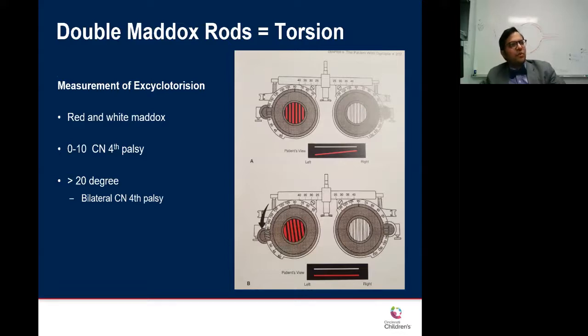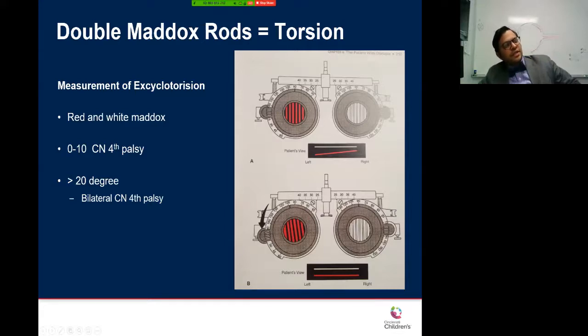What you're doing here is you're wearing these glasses, and in one you have a red filter, and in the other you have a white filter, and there's a bright light out here. What you're making is two lines, and obviously one is torsionally off, so you see a line, but it's not parallel. So what you can do is dial this, because this is the red filter, for example, and turn it to figure out the degree of torsion.